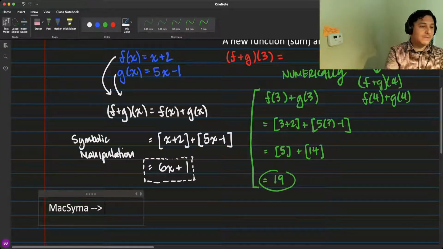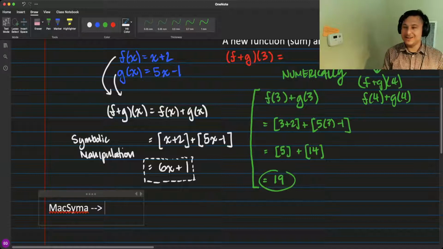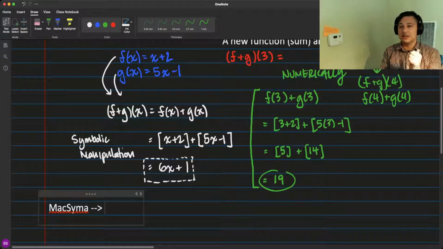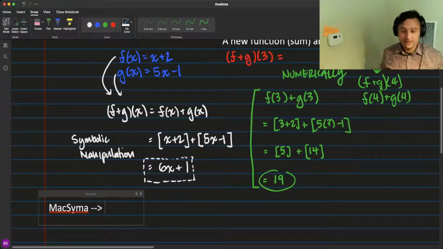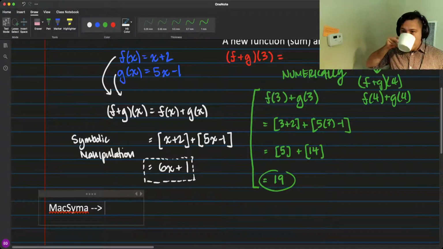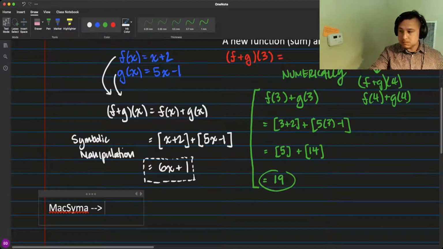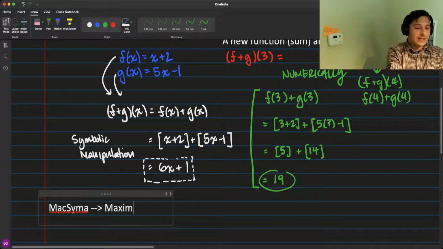Why do you think it was called Maxima? This was before the Macintosh was made. This was made in the 1960s or so. The program's still around. But why do you think they called it Maxima?